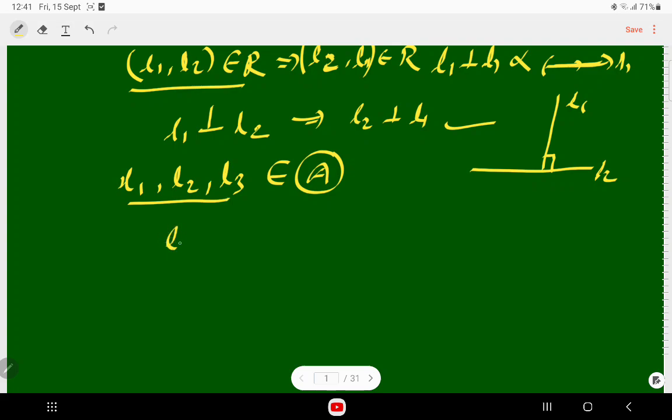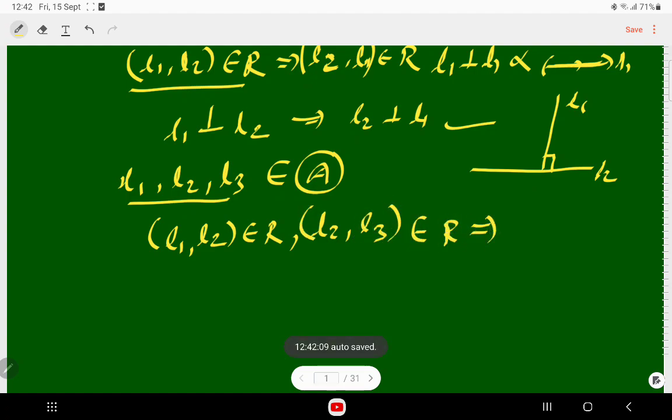Now we take two ordered pairs: (L1, L2) is in R, (L2, L3) is in R. We have to check whether (L1, L3) is in R or not.